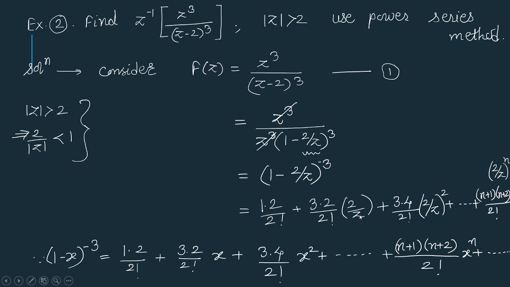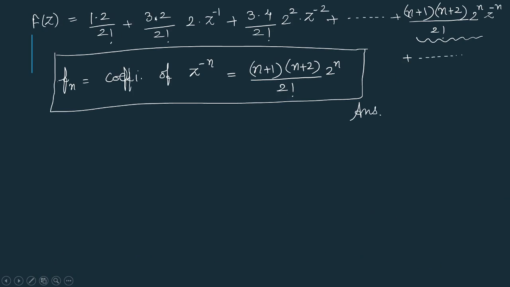For this, we write down the coefficient of z to the power minus n, that means n plus 1, n plus 2 upon 2 factorial into 2 to the power n. This is the coefficient of z to the power minus n, and we get this result. If we solve by residue method or partial fraction method, we get same answer.